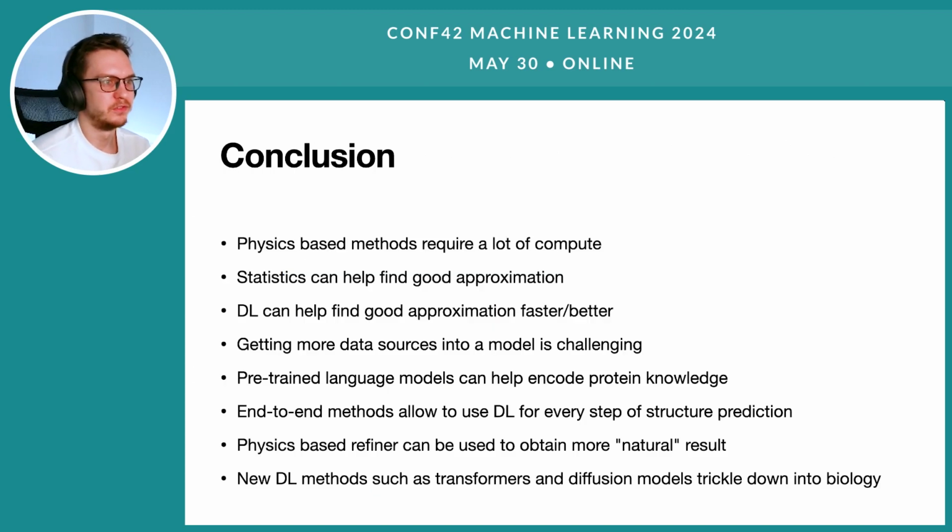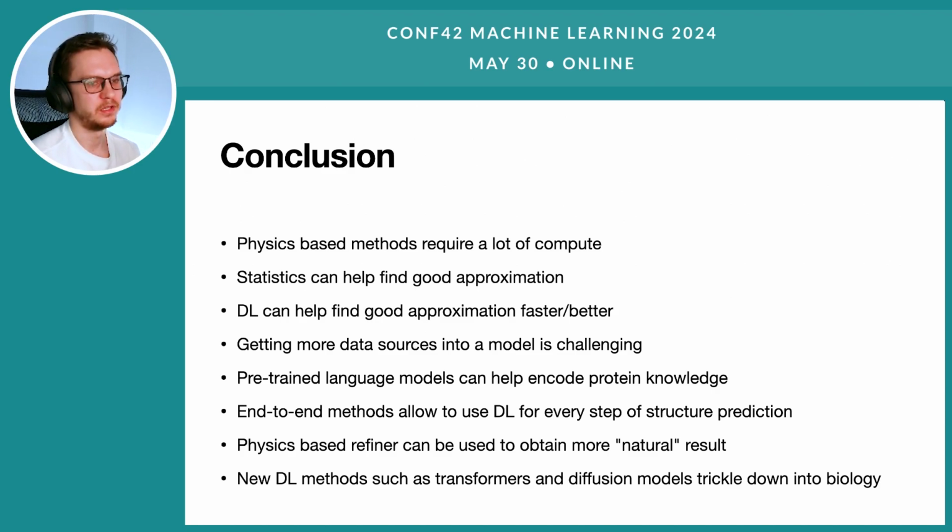So today you learned about physics-based methods, statistical methods, and deep learning methods for protein structure prediction. You learned that physics-based methods require a lot of compute, and there is a lot of research on how to speed them up.